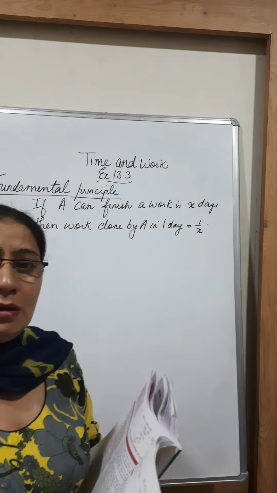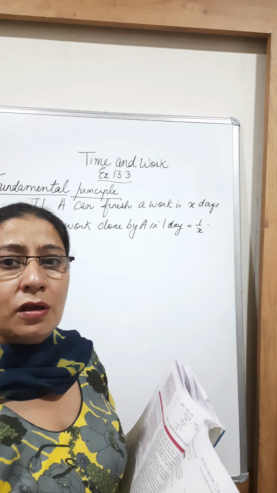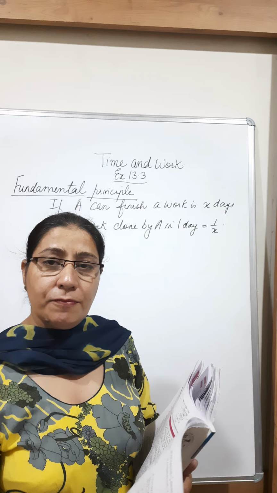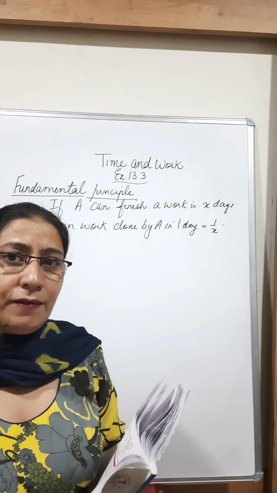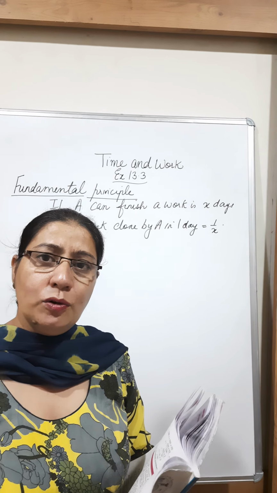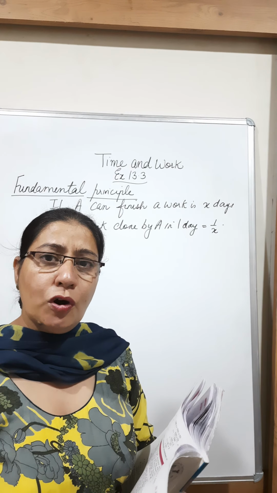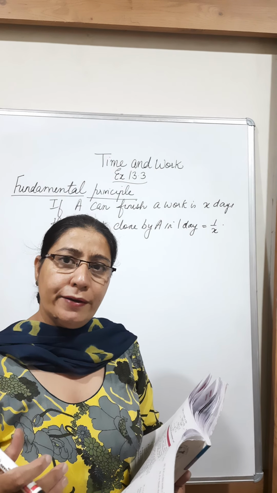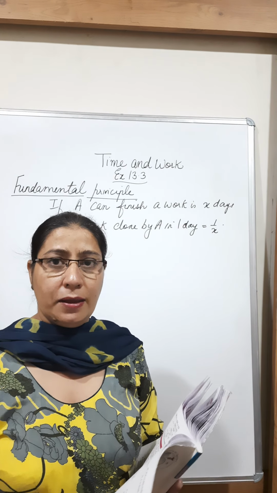What it means is that suppose a person is completing the work in 5 days, that means we have divided the work into 5 parts, out of which the person is doing one part out of 5 parts in one day.